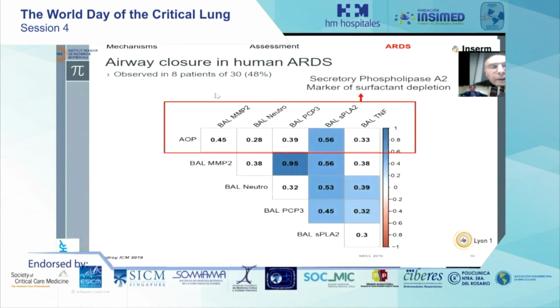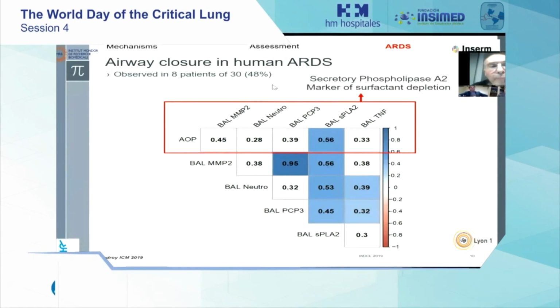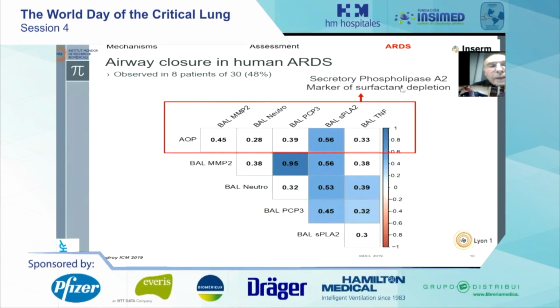In another study, which is a secondary analysis of a previously published paper, Coudroy and co-workers found that the prevalence of airway closure, I mean the prevalence of the airway opening pressure pattern, was 48%, and interestingly, they correlated the presence of this pattern to different molecules measured in the bronchoalveolar lavage.